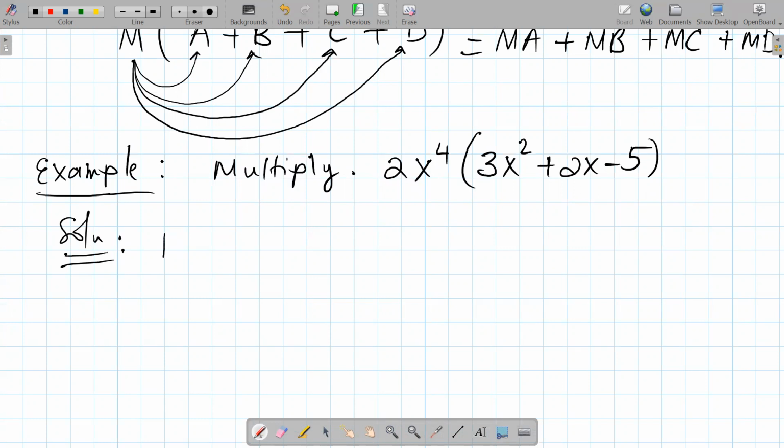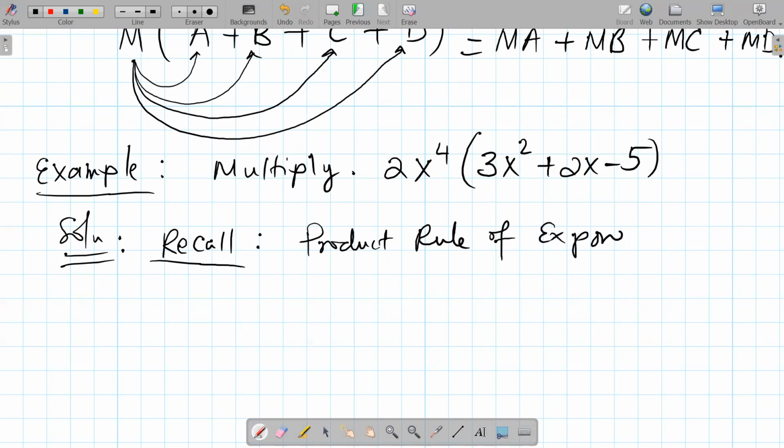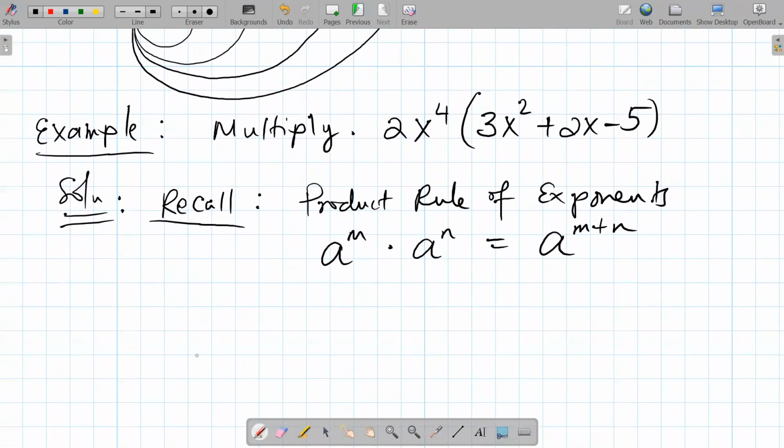So recall that the product rule of exponents says that if I have a to the m times a to the n, the result is a raised to m plus n. So we're going to be applying this rule even as we multiply this monomial and the polynomial.